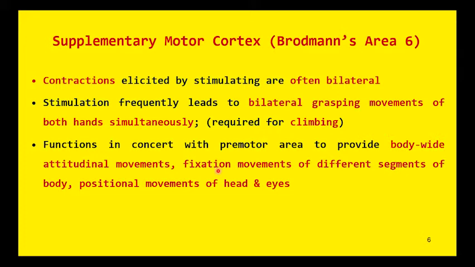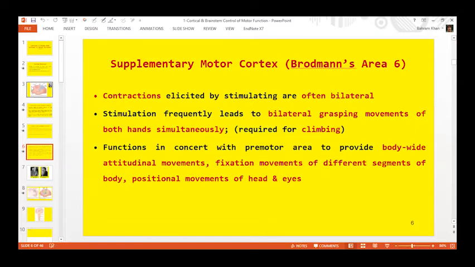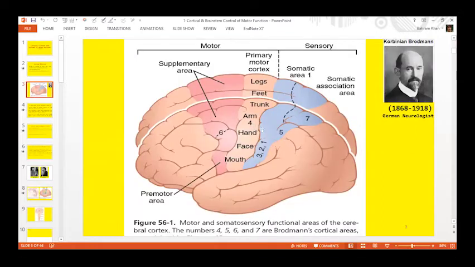So these are the three important motor areas of the cerebrum: primary motor cortex, just anterior to the central sulcus. You can see area 4. This is for the control of discrete movements of hands and fingers.